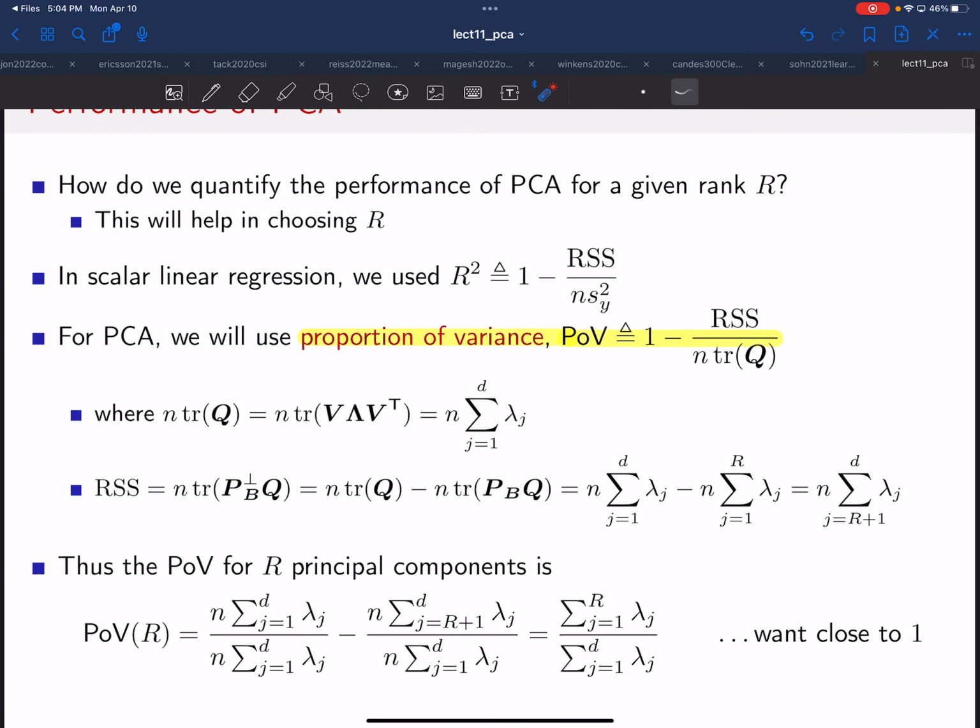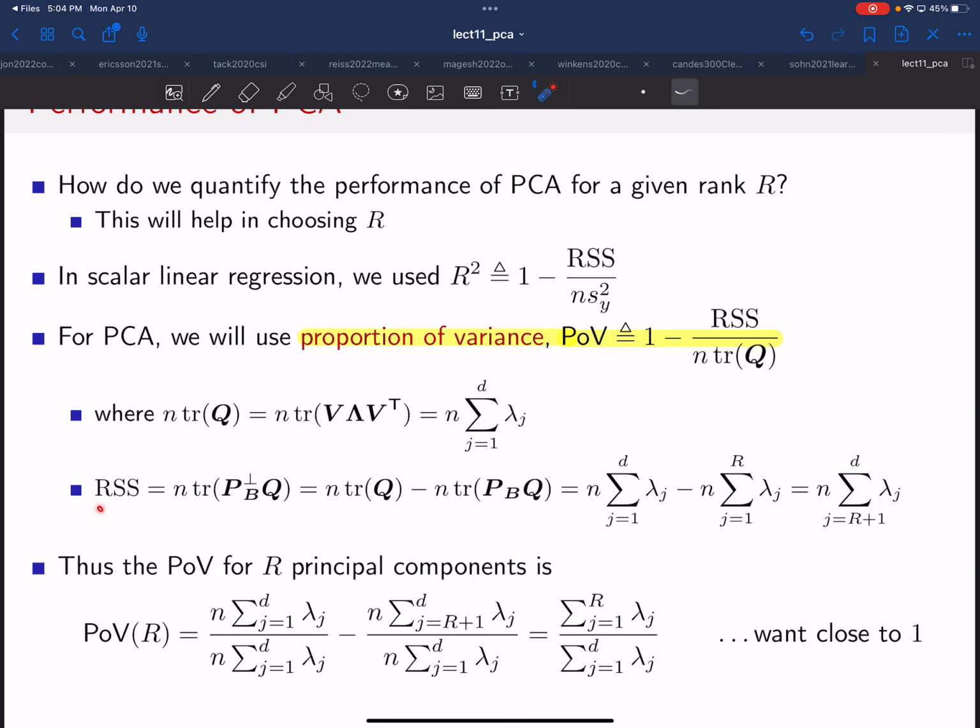So what we can do is look at the denominator, N trace Q, plug in the expression for Q, move this V back here, that will cancel with this other one, and now we have N times the trace of lambda, or N times the sum of the lambdas, which are along the diagonal of this lambda matrix.